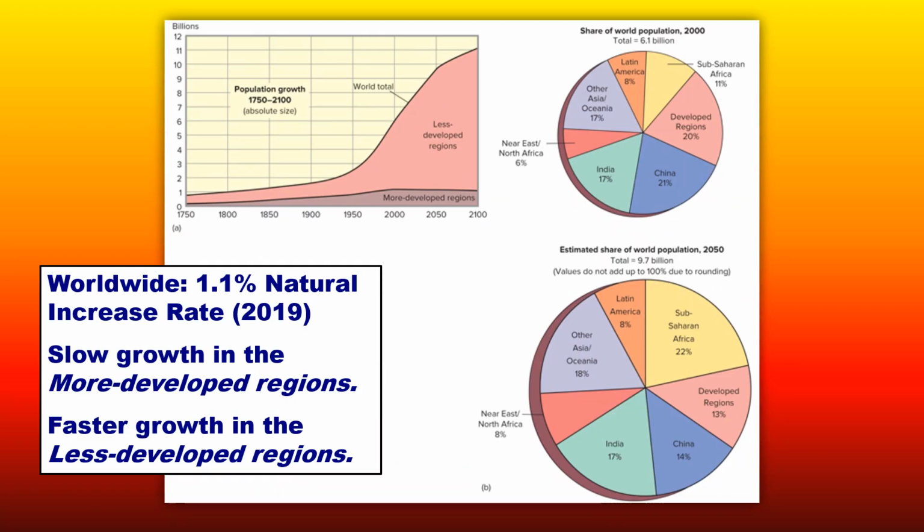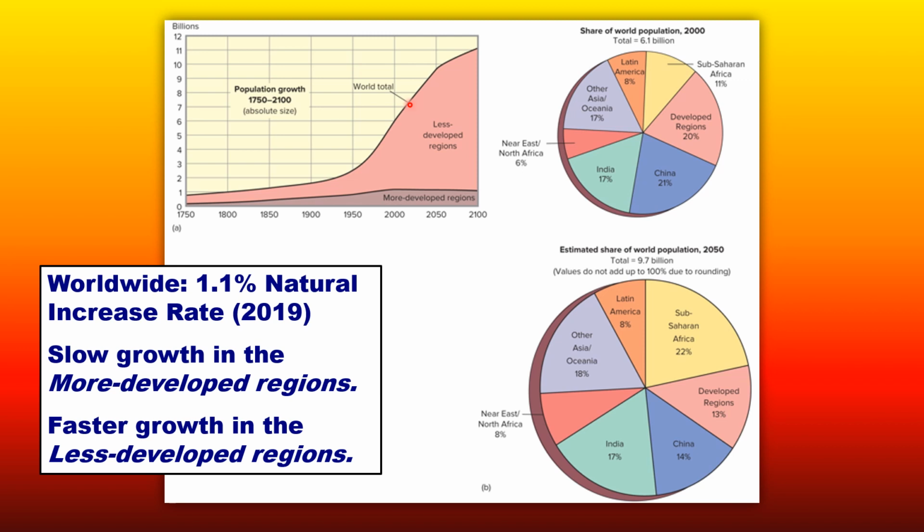Okay, let's look at some of the other generalizations that are going on here. Here's a graph from your textbook, and let me use the highlighter here. This is the graph of human population around the time of the Industrial Revolution to present. It's pointing at the world total. This is where we are on the graph right now.